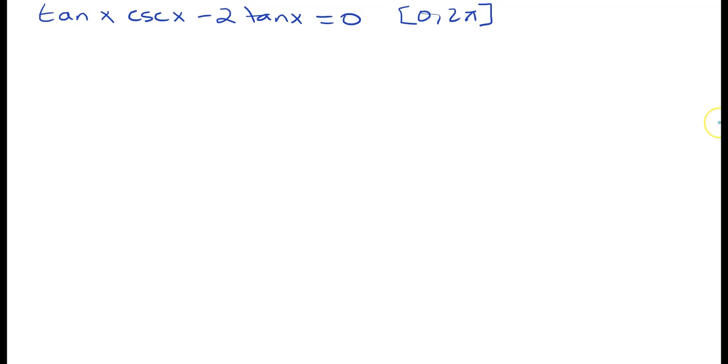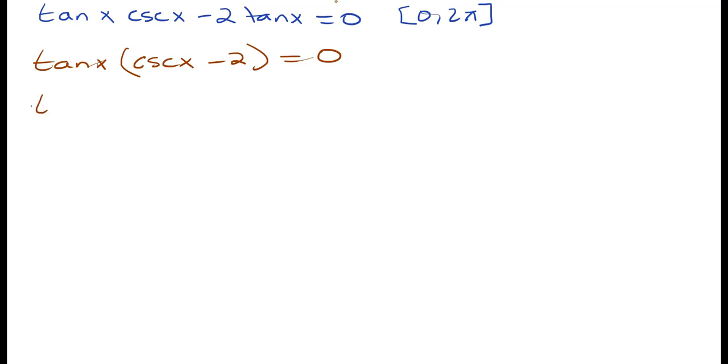Okay, finally, we have tan x cosecant x minus 2 tan x equal to 0. All right, so let's go ahead and factor out tan x because it's a common factor here. So we have tan x, and then we have cosecant x minus 2 equal to 0.